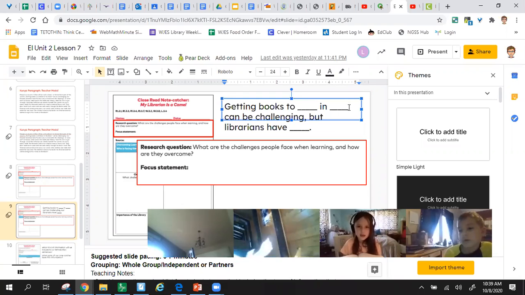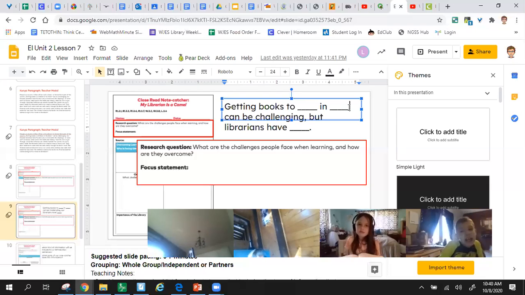Don't write place, actually write your place. Write Thailand, Zimbabwe, Finland. Getting books to blank, this is the who. In, this is the place.